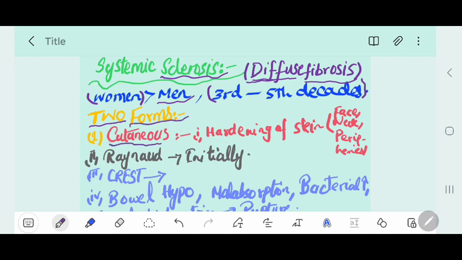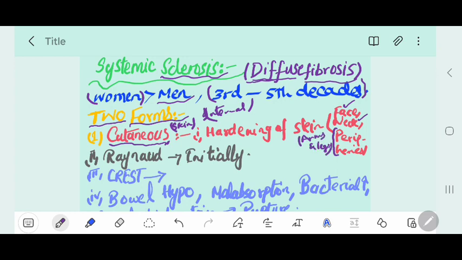First one is cutaneous, that is, it affects skin, but it least likely affects the internal organs. So it presents as hardening of the skin of face, neck, and peripheries of the arms and legs.